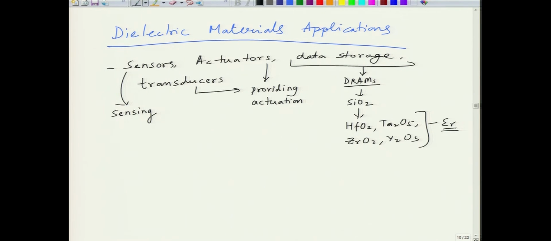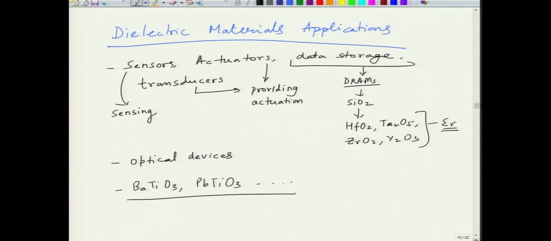They can also be used for optical devices, because these dielectric materials have certain optical properties which can help them work in these devices, but we will not deal with the optical properties. And there are materials such as barium titanate, lead titanate, and so on and so forth, which are nonlinear dielectrics, which are used for these sensors and actuators kind of applications as we discussed above.